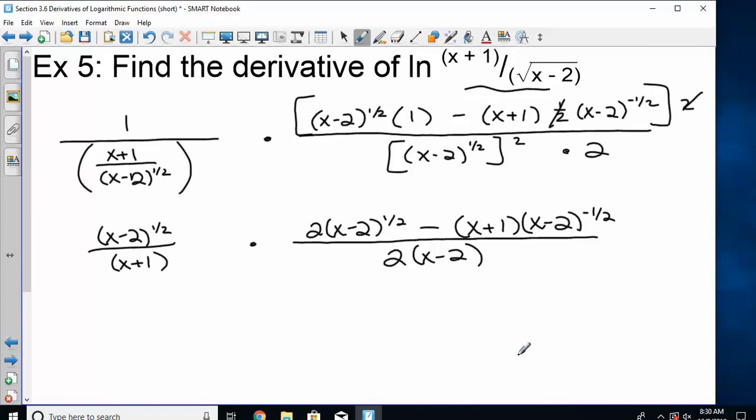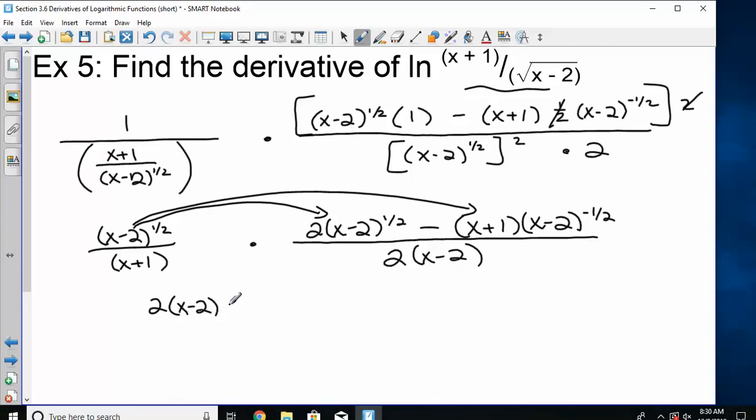Let's keep going. Let's simplify this one all the way. So if we distribute this, take this to both terms on the top. When you do that, you add exponents. So x minus 2 to the 1/2 times x minus 2 to the 1/2 will be x minus 2 to the first. These negative 1/2 and 1/2 drop out.